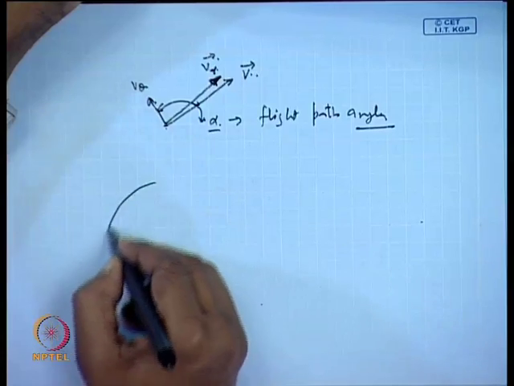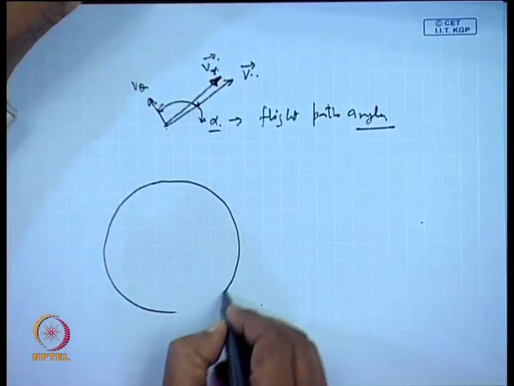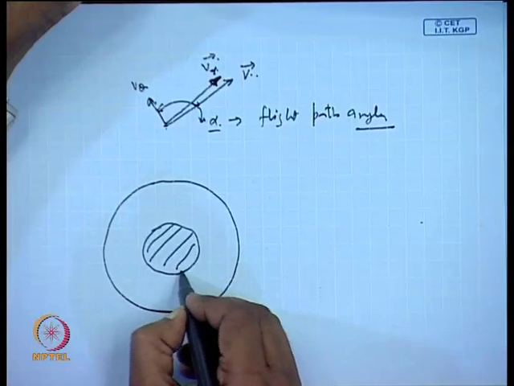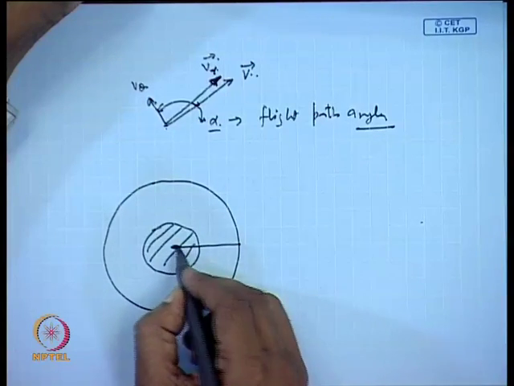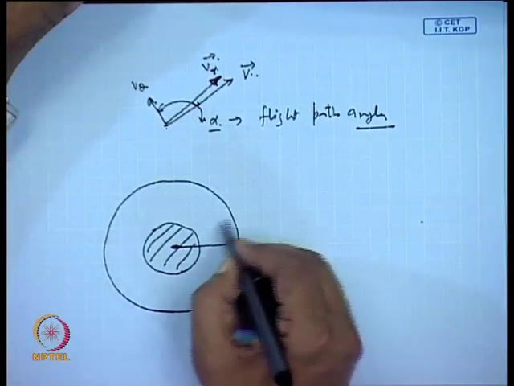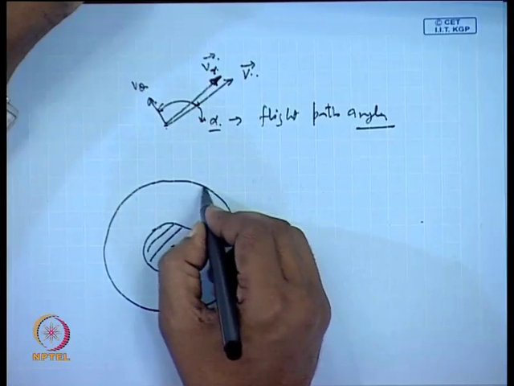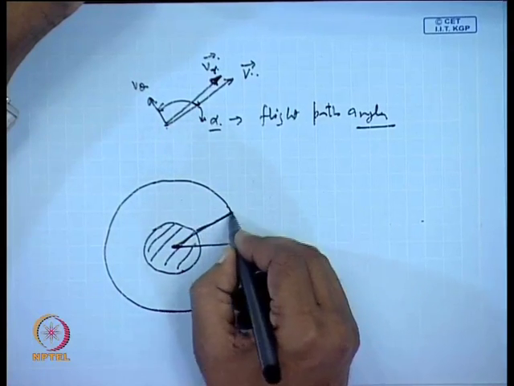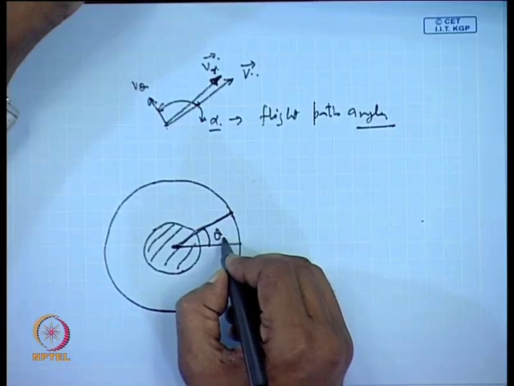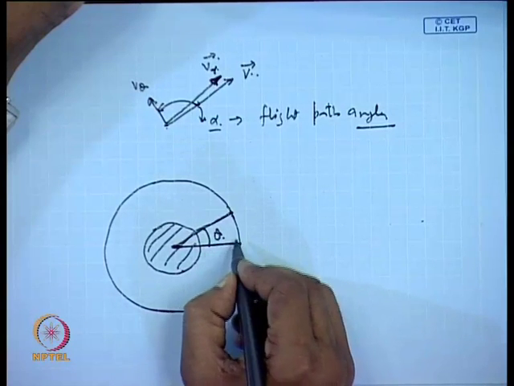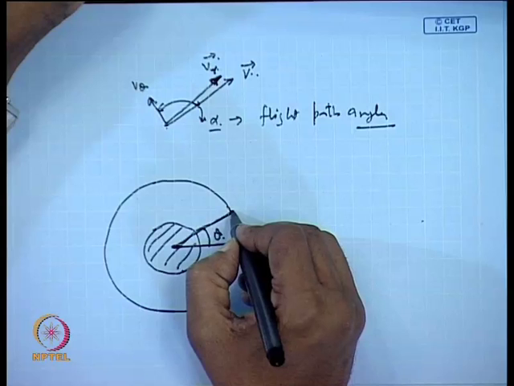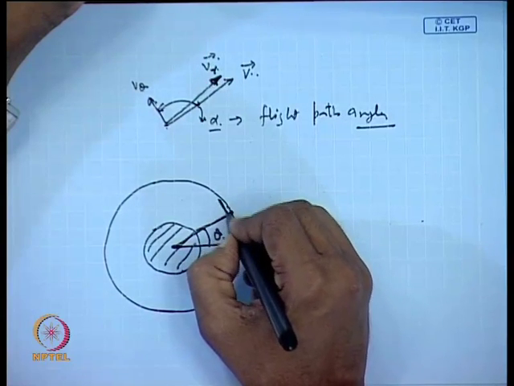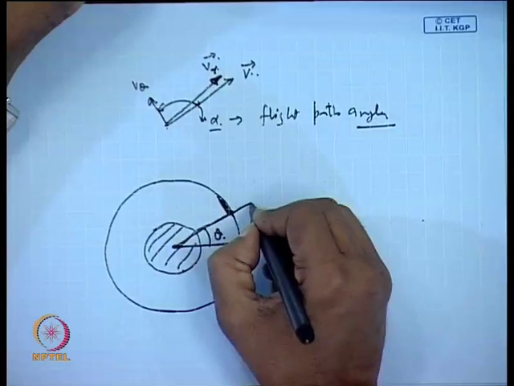Taking the same in the perspective of, say, around the earth, this is the earth and in some orbit. Here we are showing this as a circular orbit, but suppose this is a little bit elliptical. We have this angle as theta, we are measuring the true anomaly from this place, and then V theta will be perpendicular to this radius vector r.